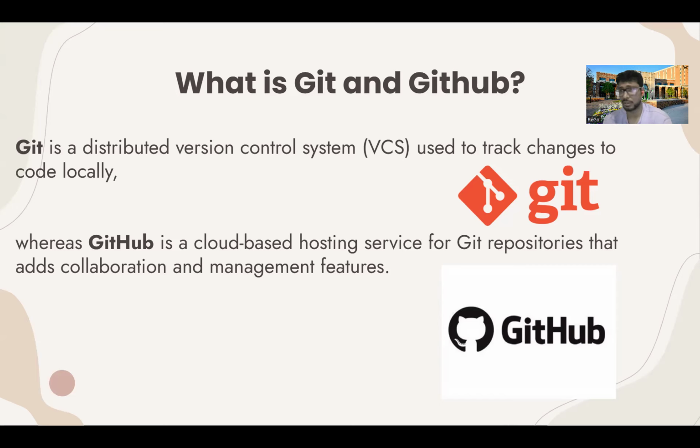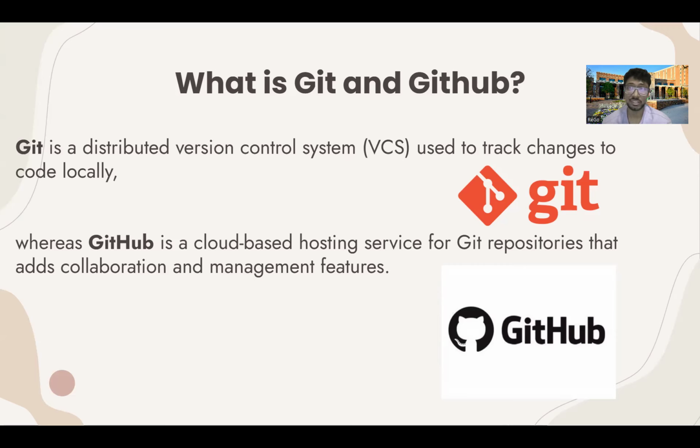Then you get confused about which version has what changes. And this confusion is solved by Git, where you have only one copy of the file, but you can retrieve the previous copies and you can understand what changes you made by specifying messages. So that is a local version control system.